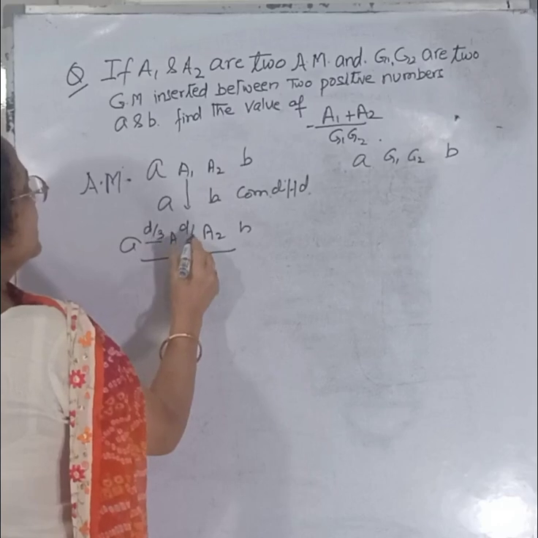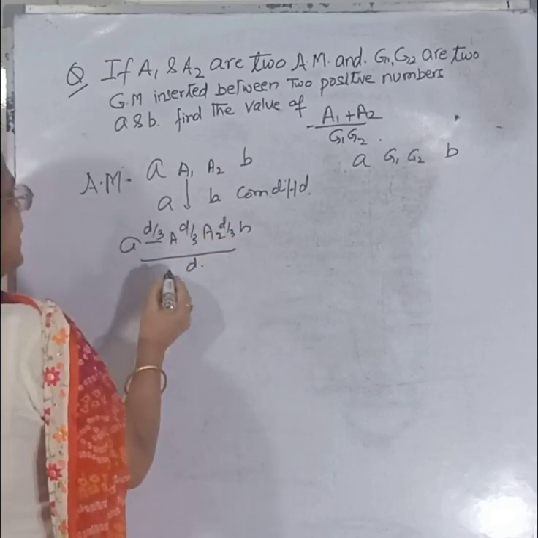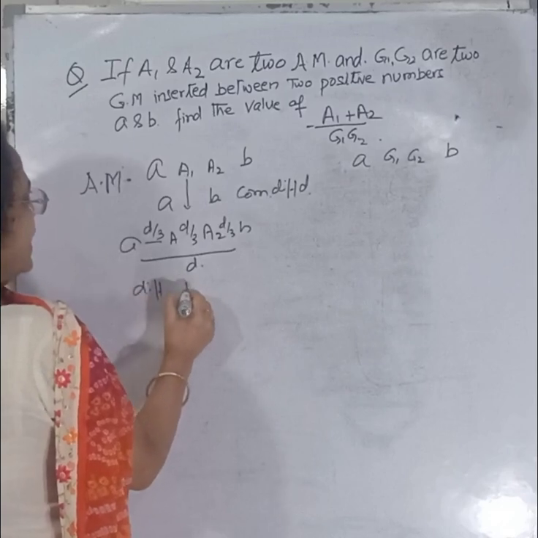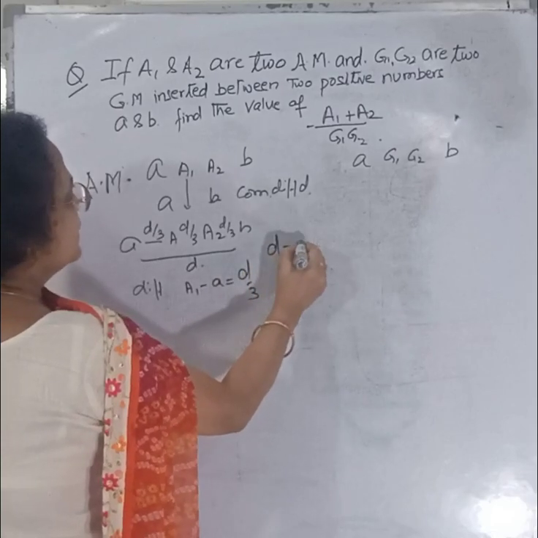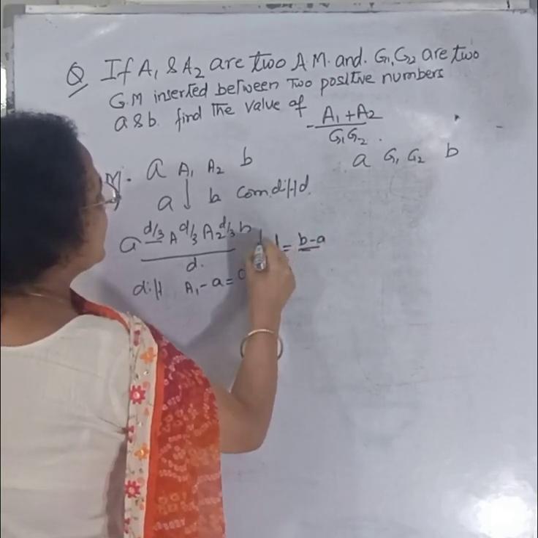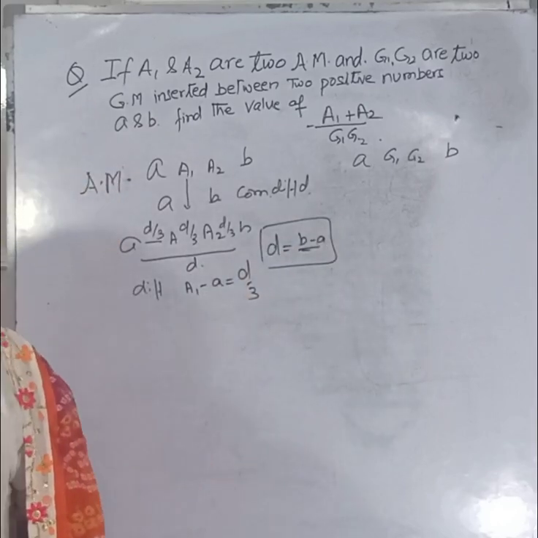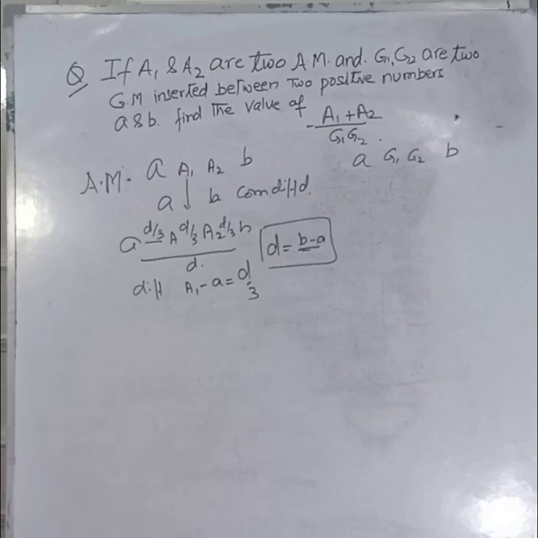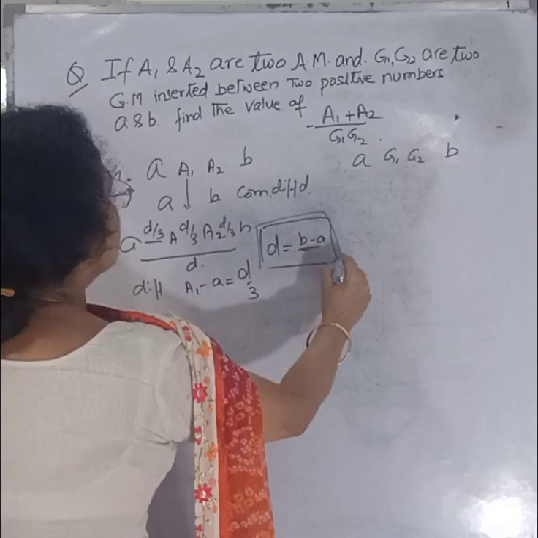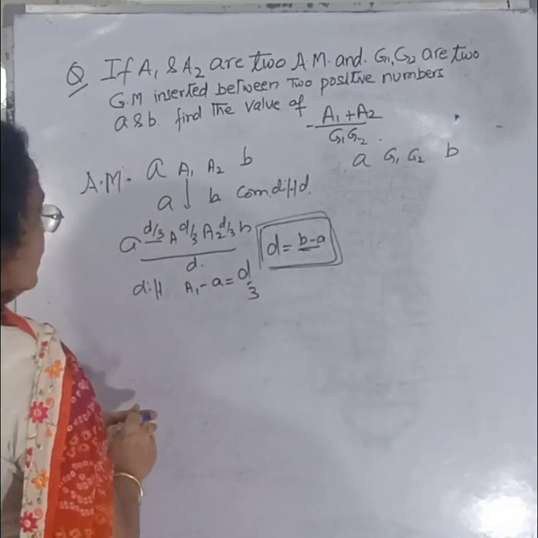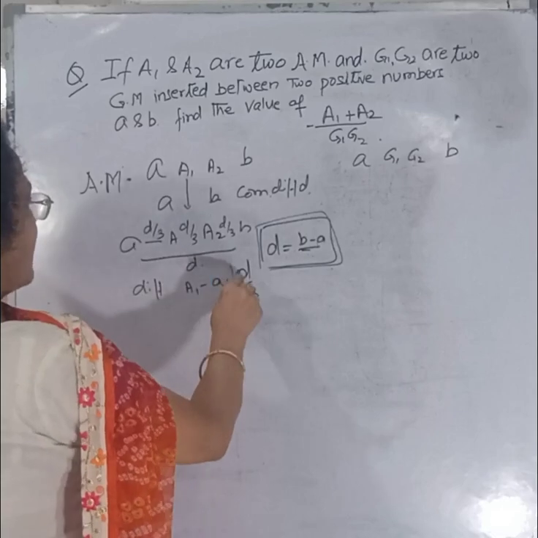So the difference between A1 and A is D by 3. Originally D was B minus A. That was the original D, and now it has reduced to this one.